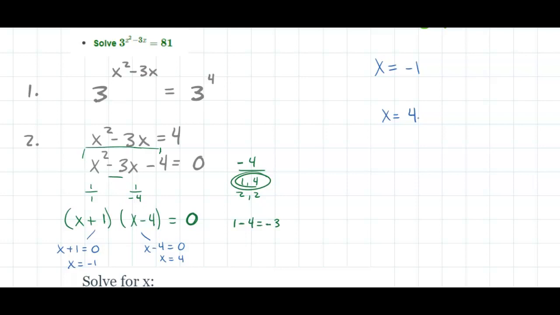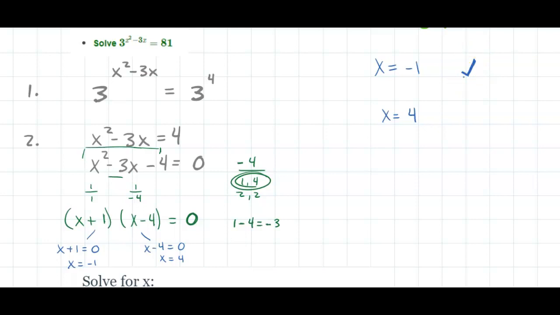I'm going to store negative 1 as x by hitting negative 1, the store button, x, enter, and then I'm going to type in 3 raised to the x squared minus 3x. And when I do that, I get 81. So negative 1 is a correct solution. And let's check 4.